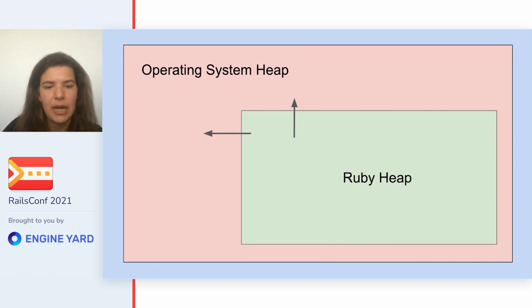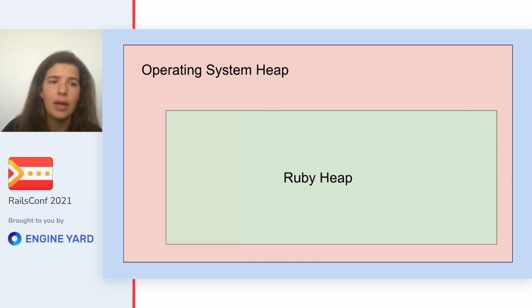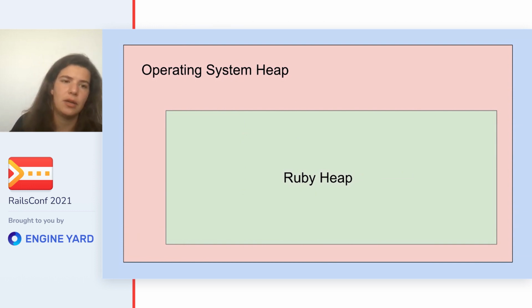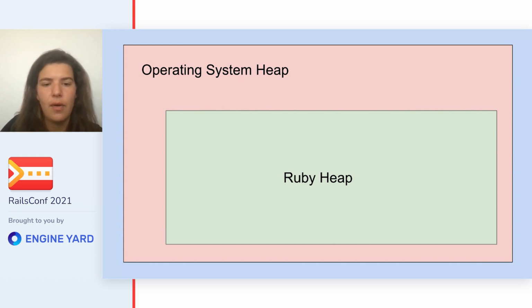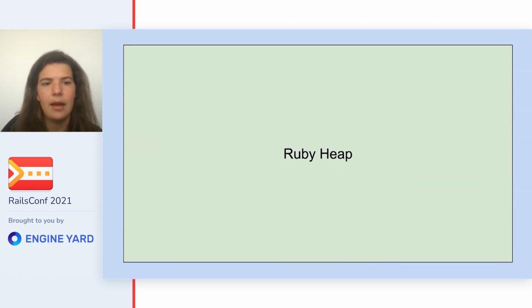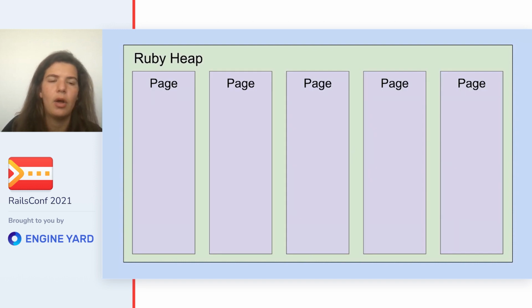It can sometimes change size, so it can sometimes grow. It can ask the operating system for more memory. This is where you might see your Heroku dynos showing you that they're consuming more memory as your heap is growing. If we drill into the Ruby heap and see what's happening at the object level, we'll see that the Ruby heap is actually made up of these units of memory called pages.